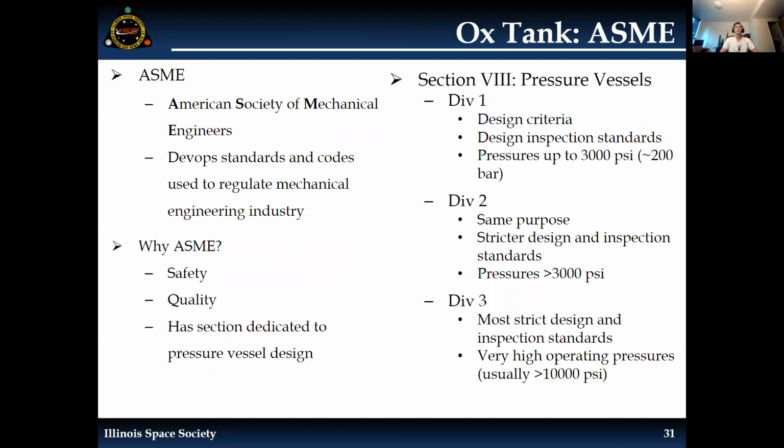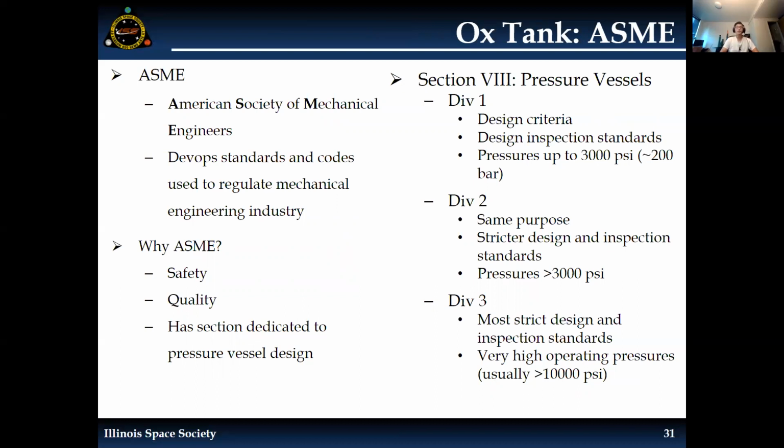So why exactly do we want to manufacture it per ASME standard? It's for two different reasons. For safety, because they've extensively tested these formulas in order to come up with them, and also to ensure the quality of our design. We don't want any failure. So ASME accounts for all of that pretty well.